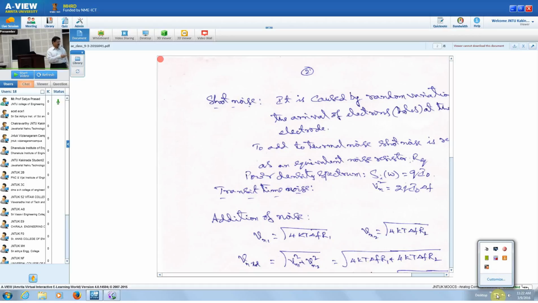Suppose you have one source Vn1 corresponding to this resistance R1. Therefore, the RMS value of this voltage is root of 4 kT delta F into R1, at the same temperature and the same bandwidth. Therefore, the only variable is R1. Now you have another source with resistance R2.